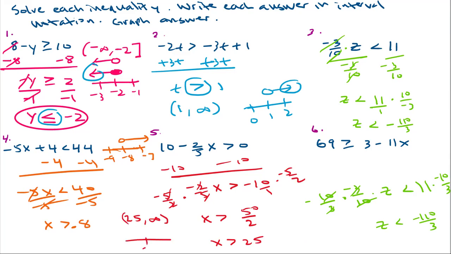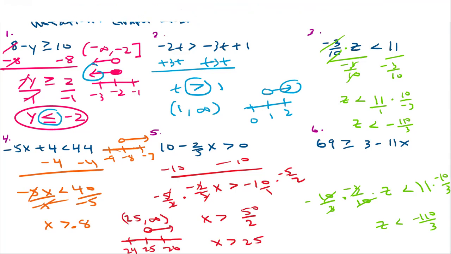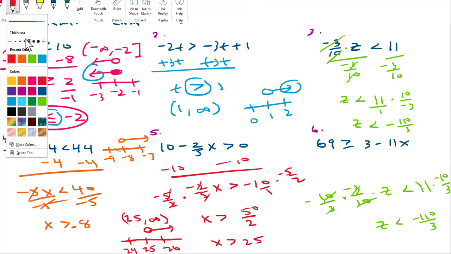And then when I graph this, I get 25 in the middle, 24, 26. Okay, the arrow is pointing to the right, so for the inequality, I'm going to go to the right.